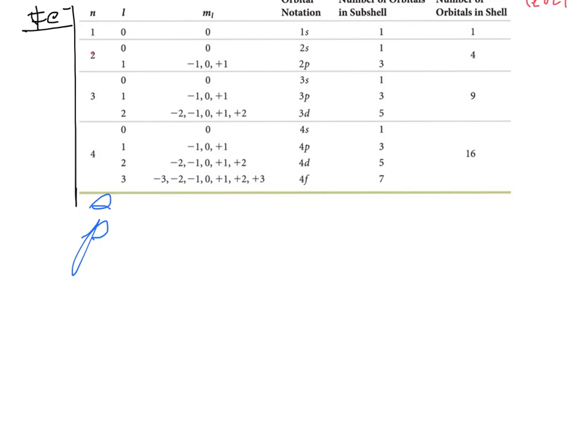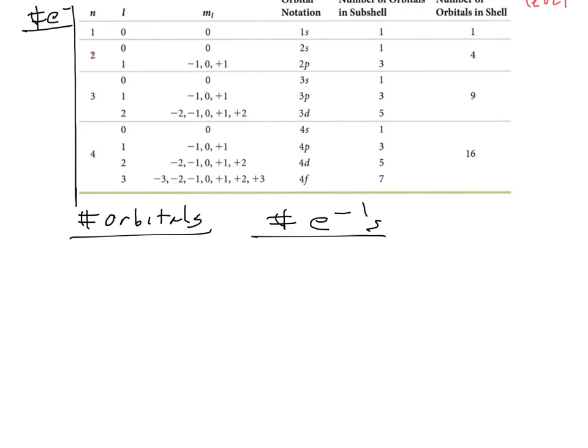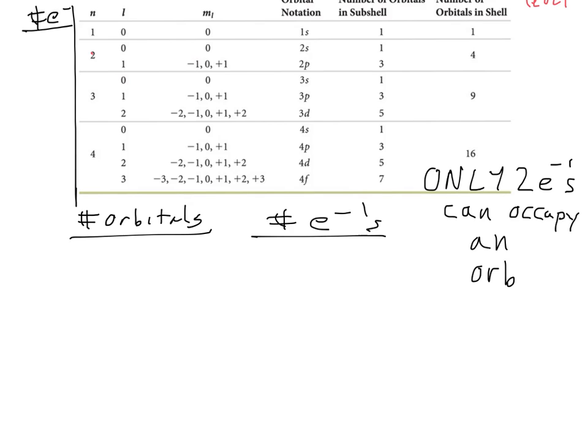If we're in the S subshell, your number of electrons is going to be double your number of orbitals. Only 2 electrons can occupy an orbital.